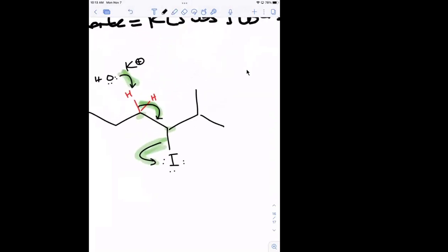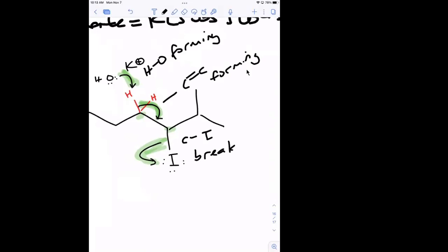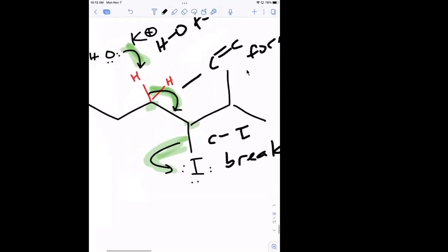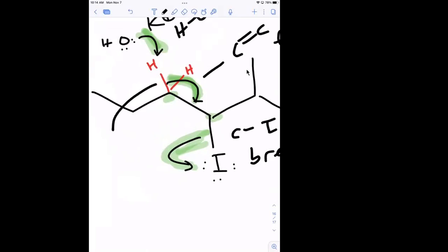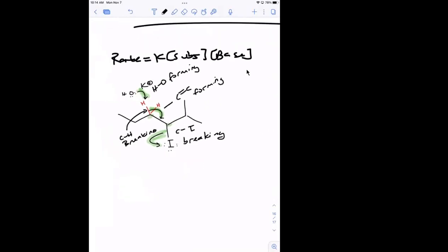So here we can say that I'm forming an H-O bond, and then a C-C pi bond is forming, and then C-I is breaking, and we also are breaking the C-H bond right here. That's what our transition state must indicate. It has to look like these things are happening.